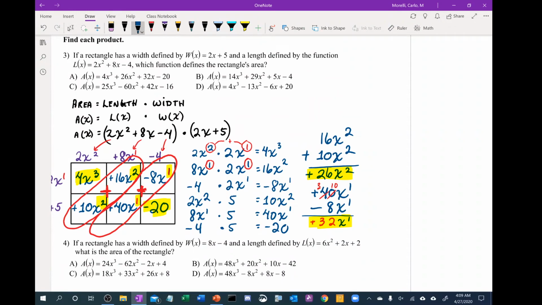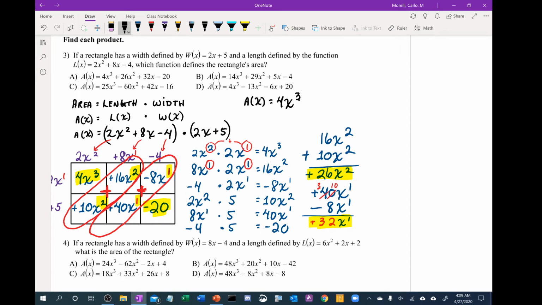So our final answer up here is going to say a of x equals. Now, we're going to go in descending order of exponents. So like I said, the largest exponent is this cubed exponent. So we'll write a of x equals 4x cubed.